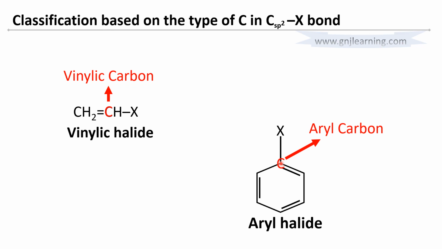Then all these alkyl, allyl and benzylic carbons can be either primary, secondary or tertiary. We have seen that classification also. And in this slide, we specifically show the carbon which is sp2 hybridized. It can be either a vinylic carbon or an aryl carbon. So if X is attached to a vinylic carbon, we call it a vinylic halide, or if X is attached to an aryl carbon, we call it an aryl halide. Okay, thank you.